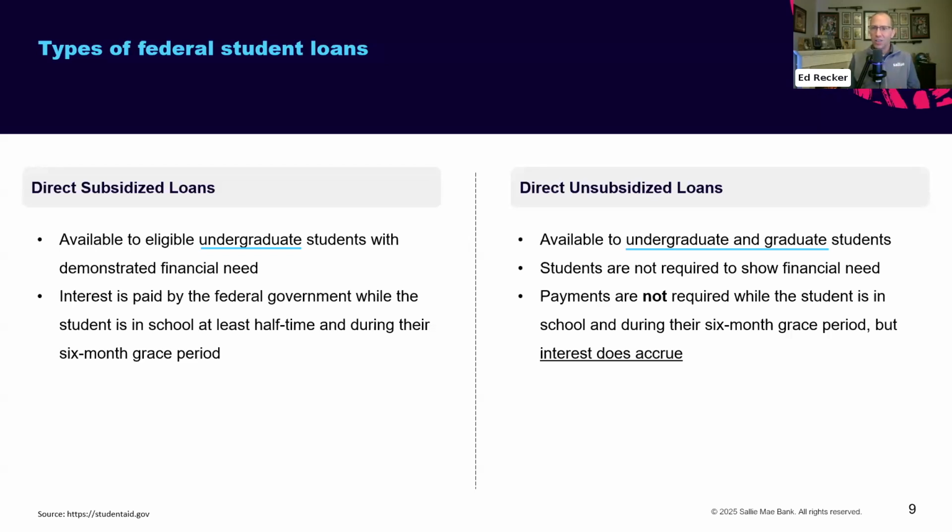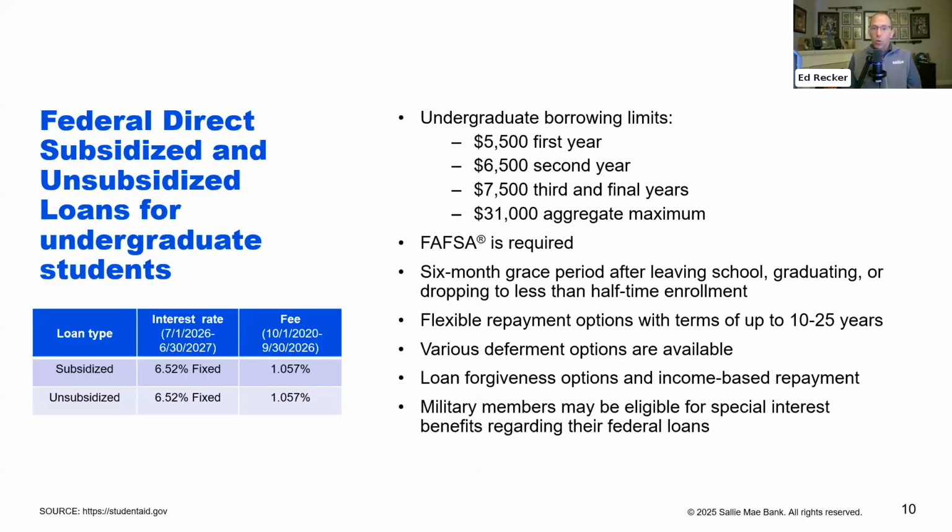Again, it's a calculation, but we'll just say over a 4-year period, it might be an extra $100 in interest that accrues while you're in school. So that's why when we talk about various different types of student loans, the subsidized loan is the most desirable, unsubsidized thereafter. So we're going to dig just a little bit deeper on this.